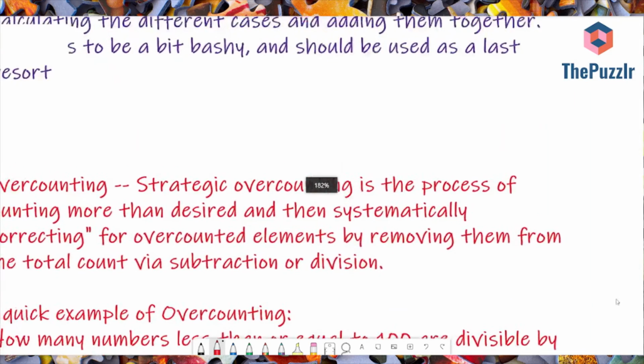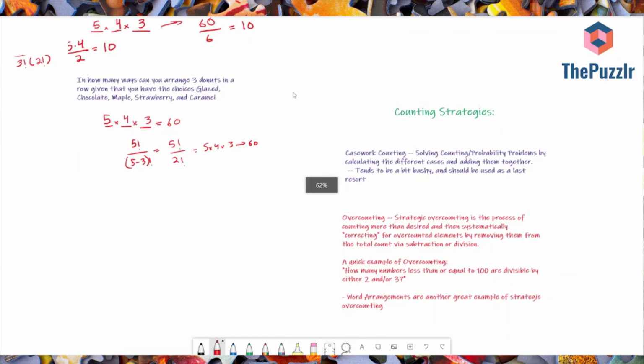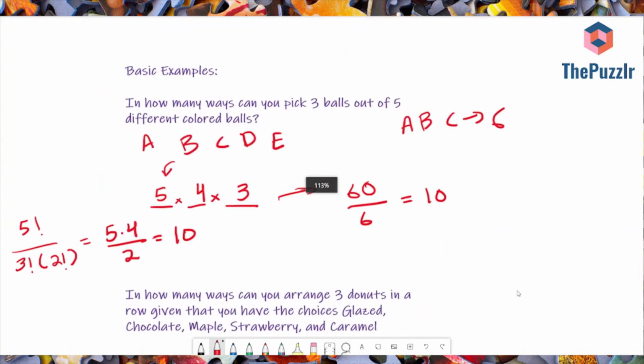Overcounting. So overcounting is not saying that, oh, I have 60 arrangements for my donuts, well, I counted 70. That's not overcounting. Overcounting is strategic. Overcounting is a process of counting more than the desired amount and then systematically correcting for overcounted elements. For example, if we go back to our earlier example, we had 5 times 4 times 3 equals 60.